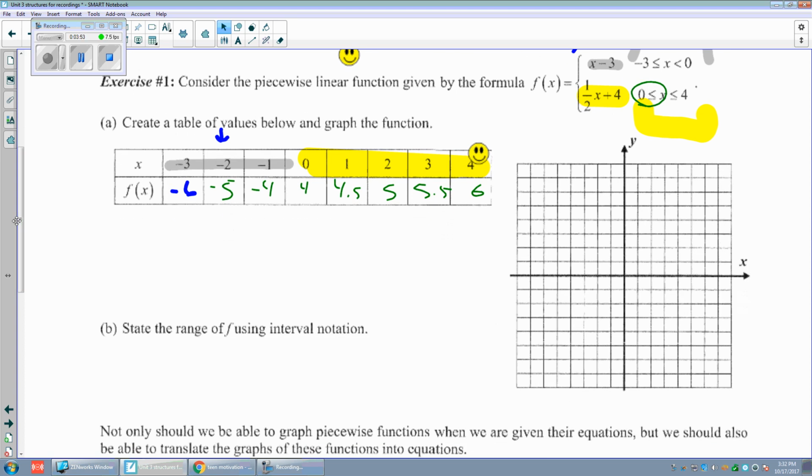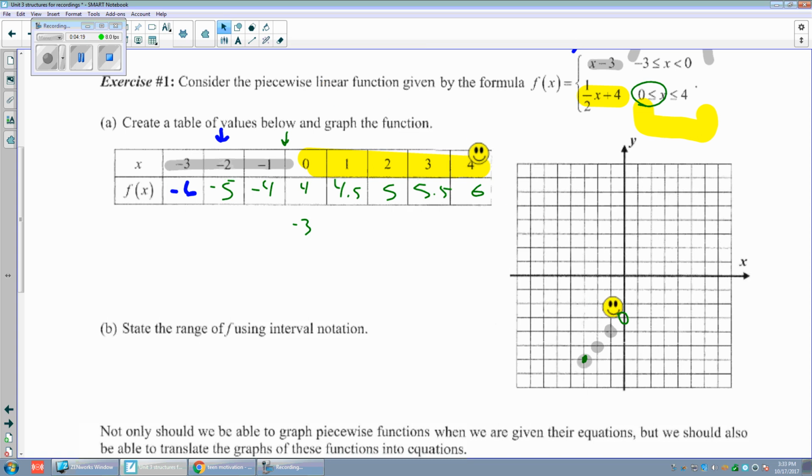Create a table of values below and graph the function. I'm going to plot the points. Pause. You plot the points too. Now see that little overlap there? It gets really close to 0, but it doesn't get exactly to 0. That's at -3, so I put an open circle.